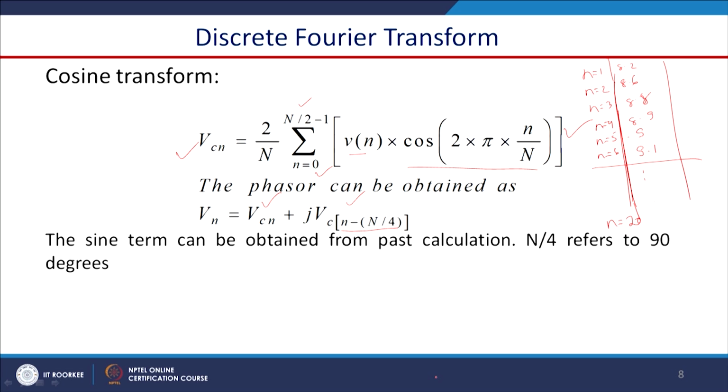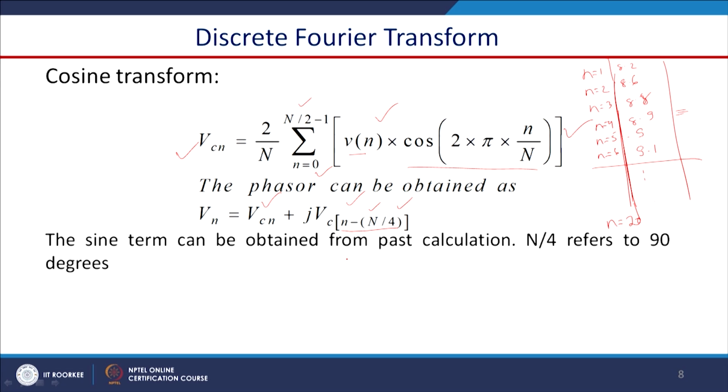Now, the question is, if this is my cosine part, how do I make it the sine part? From the same data I will construct my signal. If I am here, let us say n is equal to 4, how do I make the particular sample for this Vc n minus n by 4?